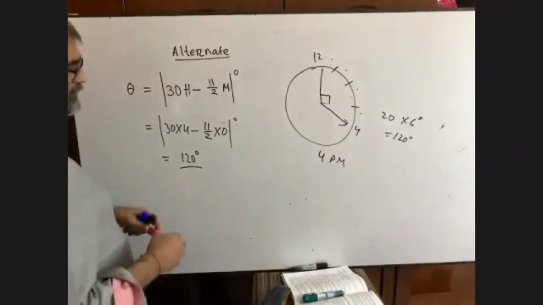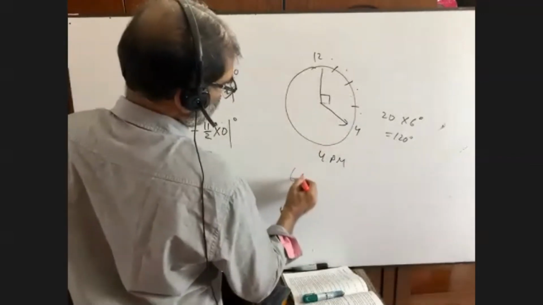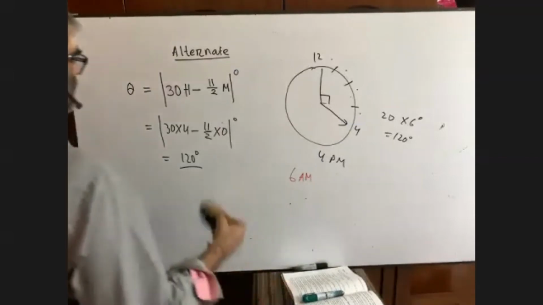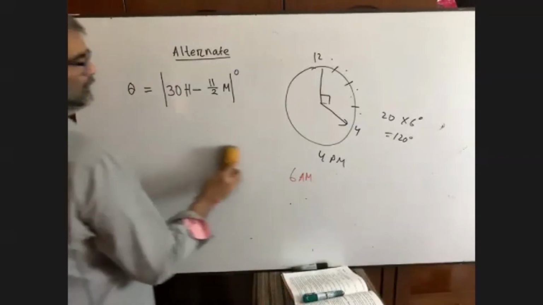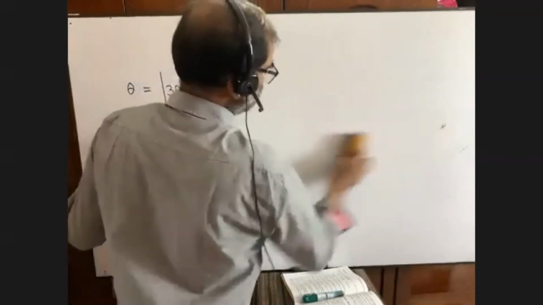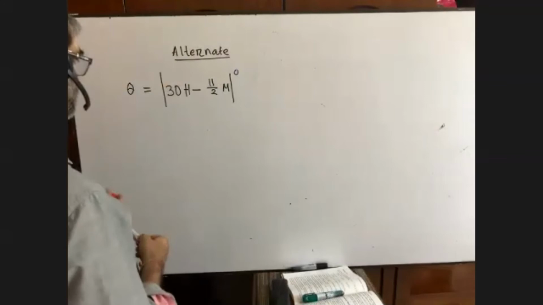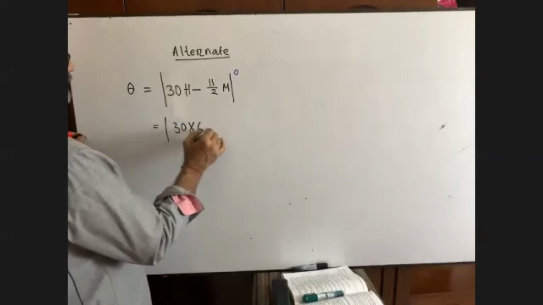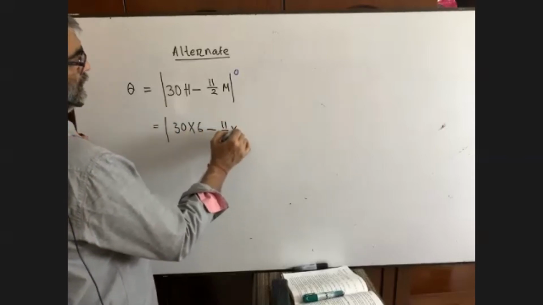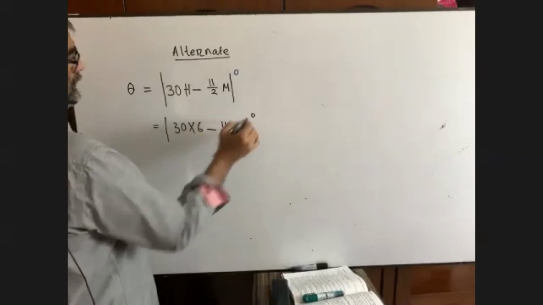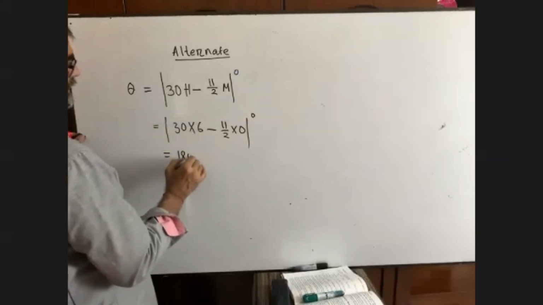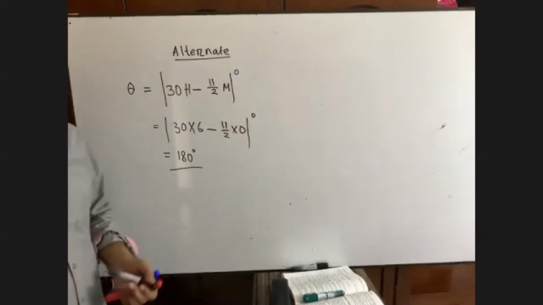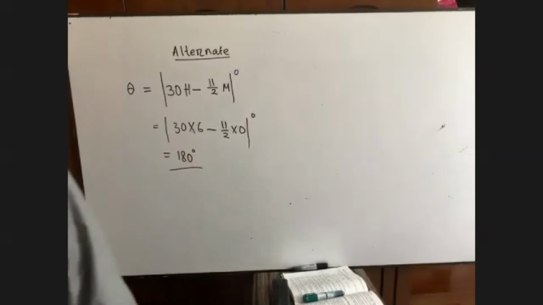Okay, let's try for 6 a.m. Let me know, 6 a.m., what will be the result? When it is 6 a.m., what will you do? 30 into 6 minus 11 by 2 into 0 equals what? 180 degrees.